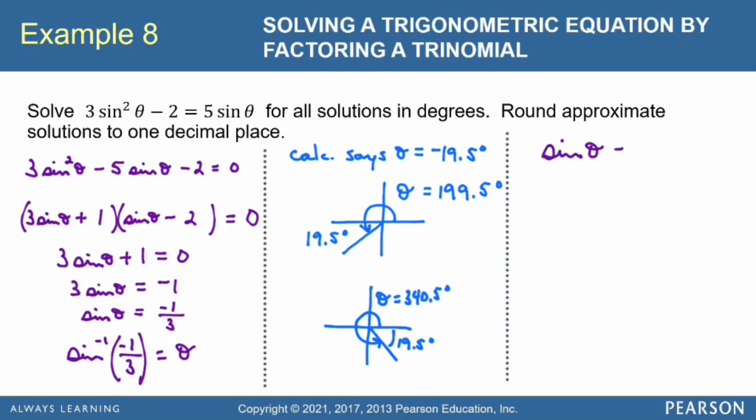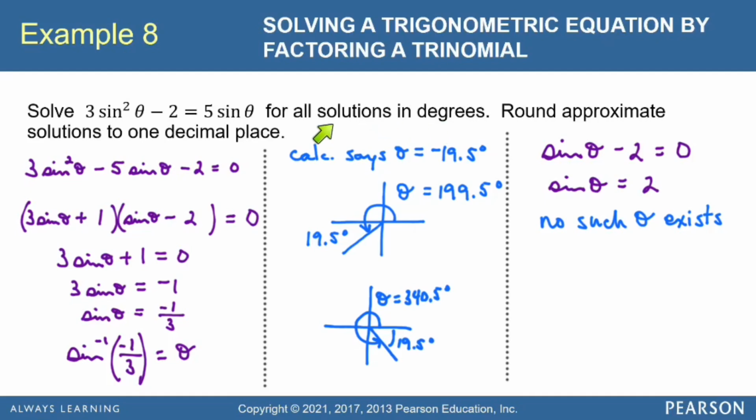So if sine of theta minus 2 equals 0, that means sine of theta equals 2, but we know that sine values have to be between negative 1 and positive 1, and this number is not, so that means that no such theta exists, and this factor did not produce any solutions to our equation. So the only two principal solutions that we have are 199.5 degrees and 340.5 degrees.